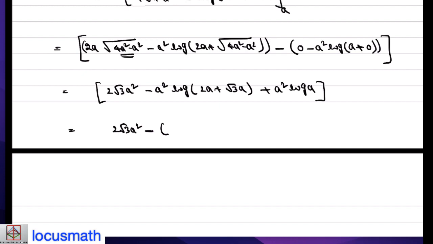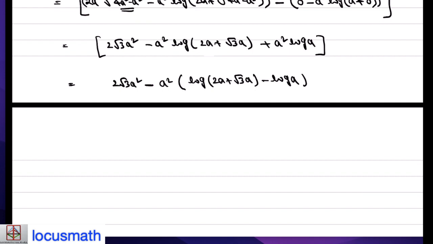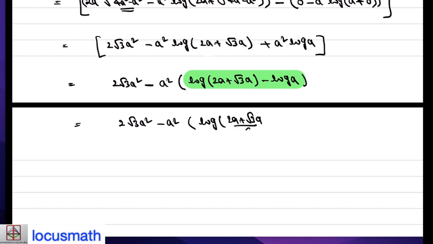If you take out minus a square common from these two terms, in the bracket you are left with log of 2a plus root 3a minus log a. For this bracket term, log a minus log b is log a by b, use that result. So this is 2 root 3a square minus a square into log of 2a plus root 3a over a.